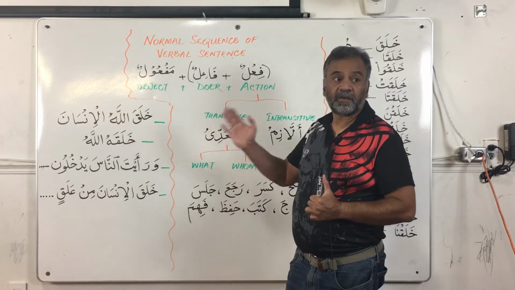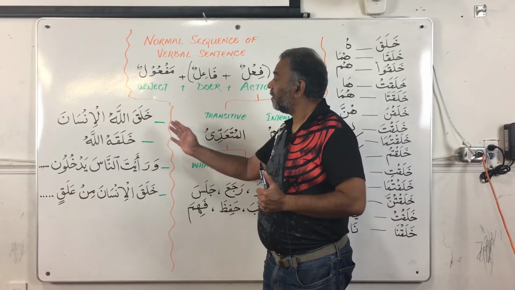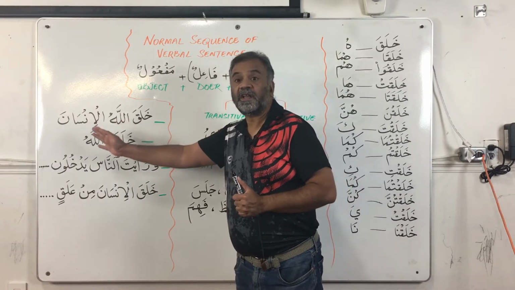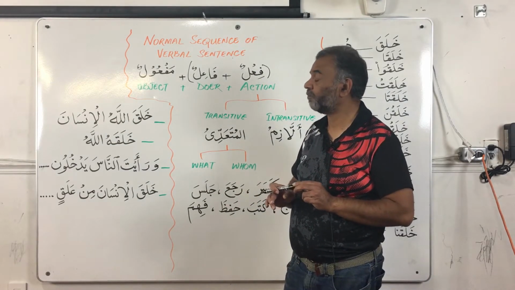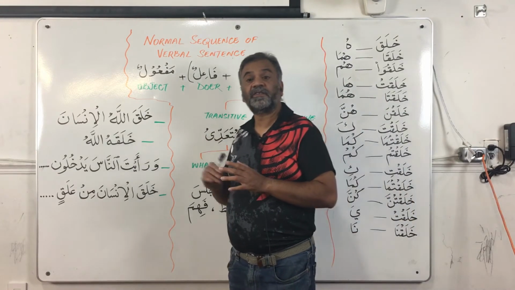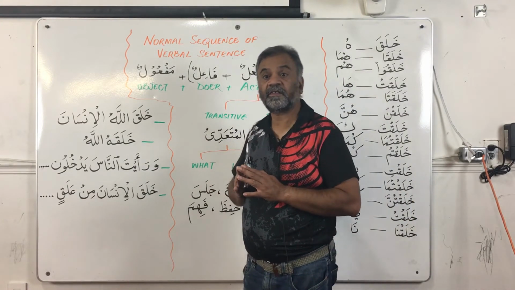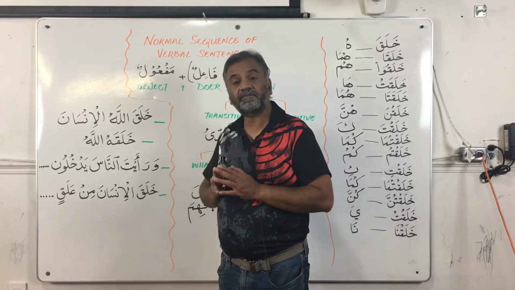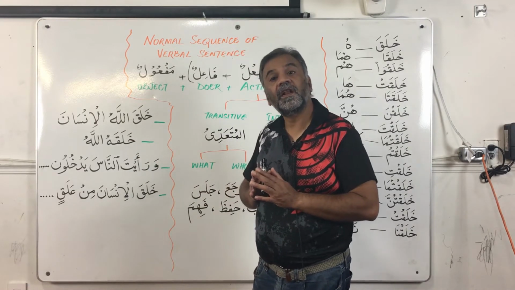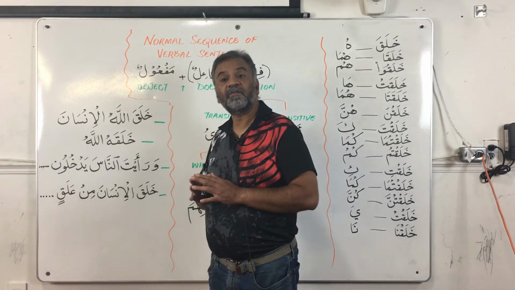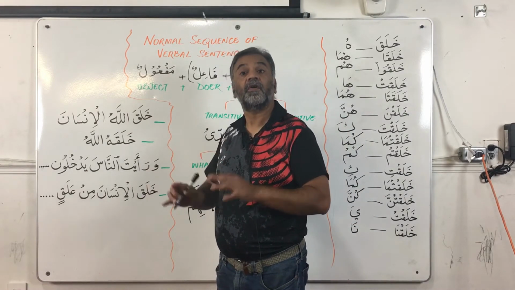Let's take a look at one of the sentences here. Khalaqallahul insana. Is this a verbal sentence? Yes. Where is the fail? Khalaqa. Where is the fail? So right after khalaqa comes a noun, Allahu, which is marfu.